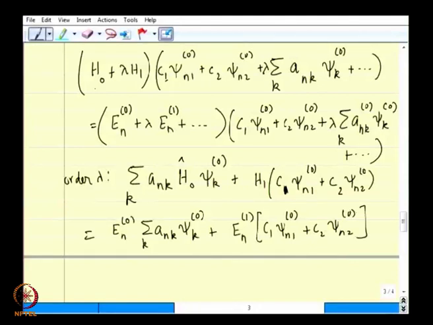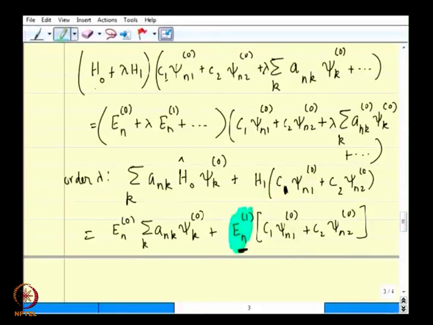I have just collected the coefficients corresponding to the power lambda on both sides. Again the same treatment that we have, namely we want to find out the E n 1, our objective is to determine the En1, the first order correction.